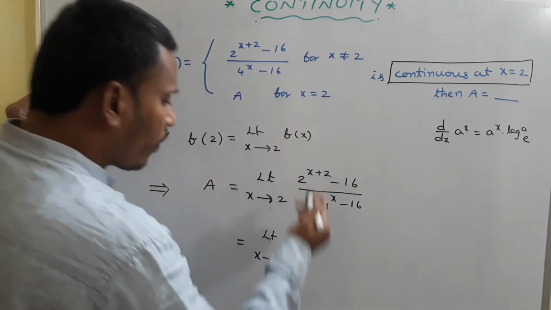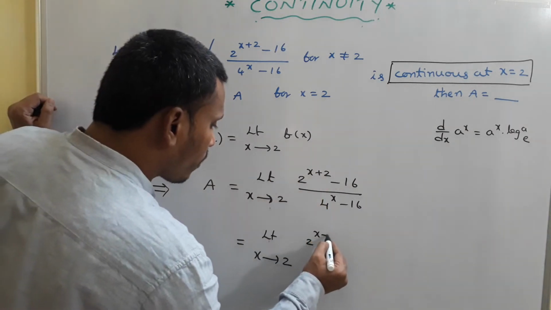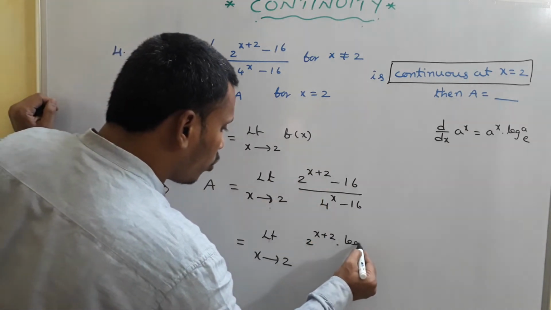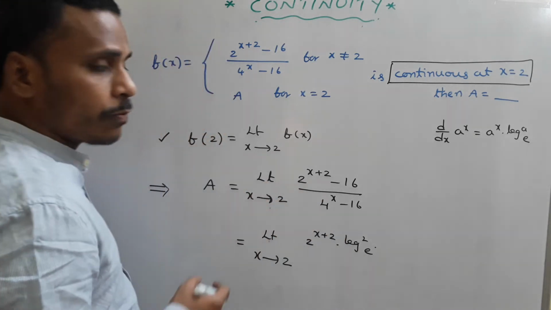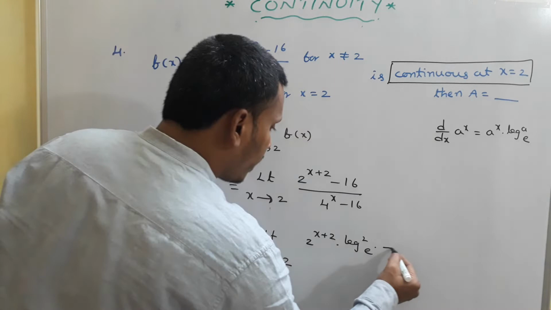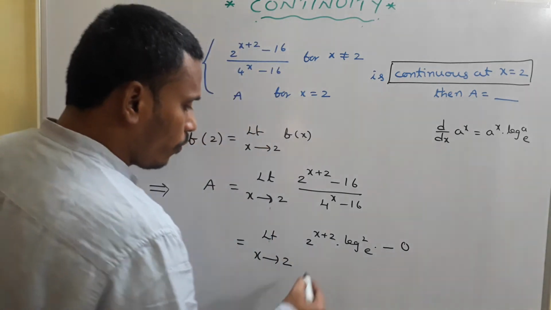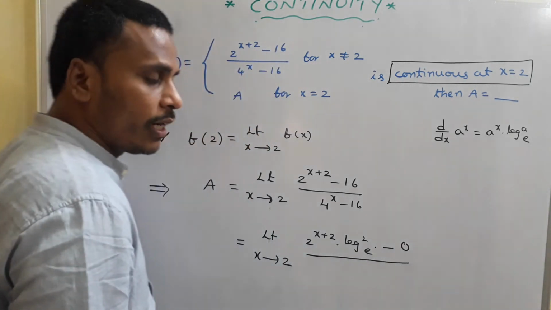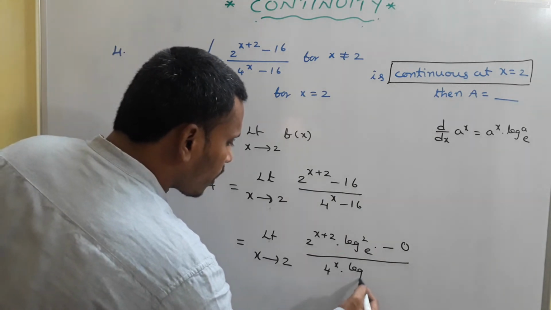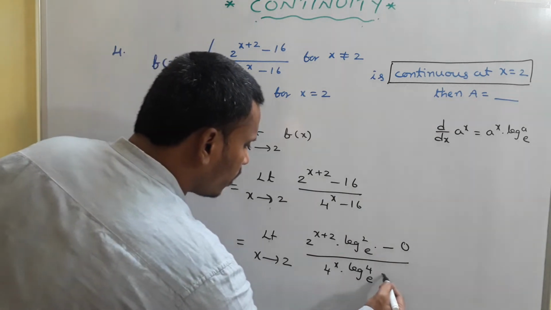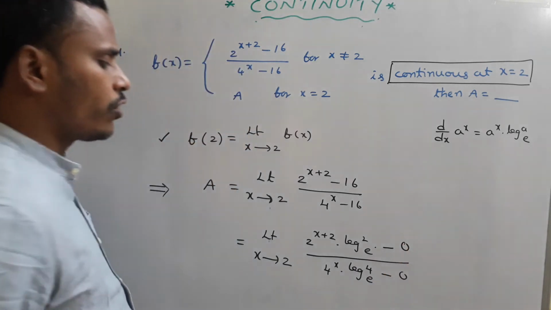For 2^(x+2), its derivative is 2^(x+2) into log 2 to the base e into the derivative of x plus 2, which is 1, minus the derivative of 16, which is 0, divided by, in the denominator, 4^x into log 4 to the base e minus the derivative of 16, which is 0.